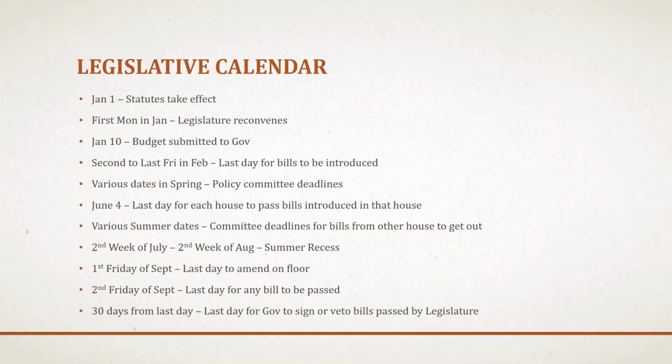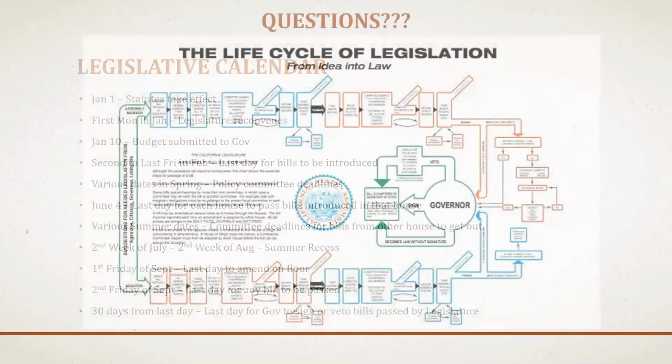That's about a month, especially during campaign season, when a lot of the local electeds go out and campaign in their district. Then September is when all the moving and shaking happens. The last day for a bill to be passed is the second Friday in September. From that point, the 30 days kicks in for the governor to sign, veto, or chapter it.